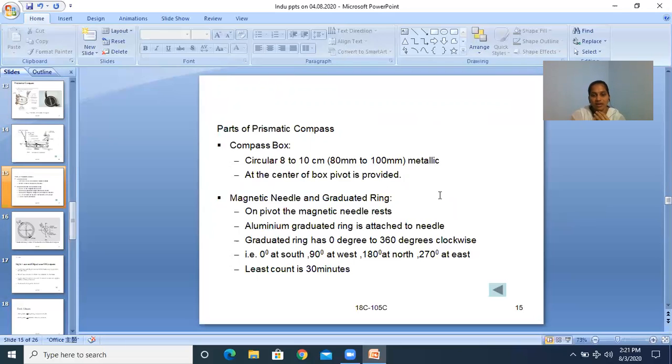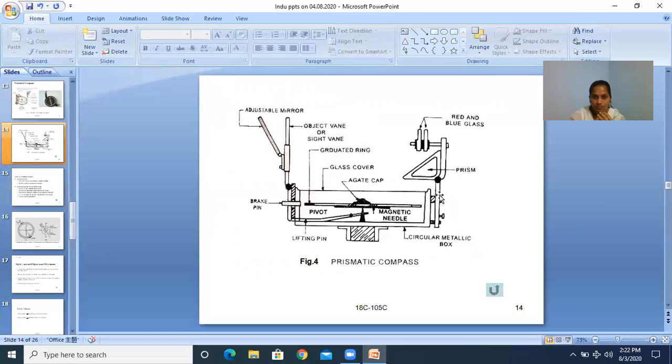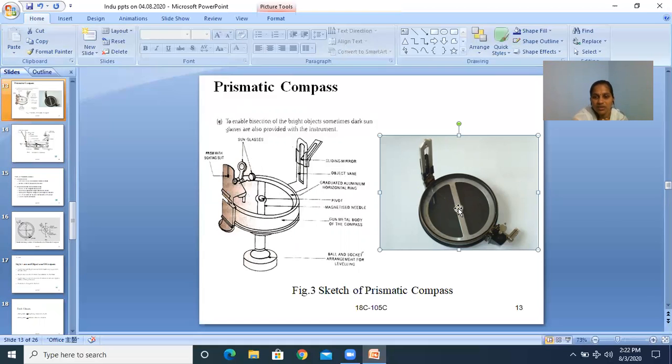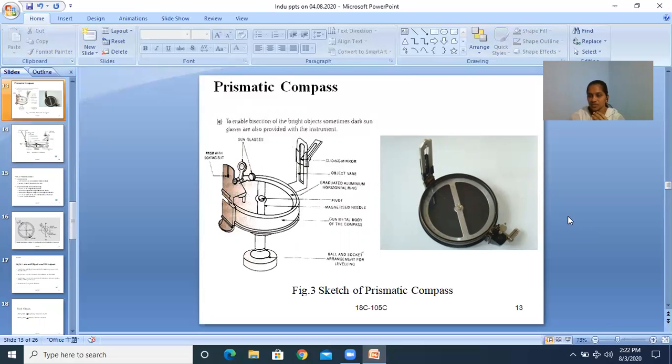At the center of the box, a pivot is provided. So this is the center, and this one is the pivot. That is the first part of the compass.